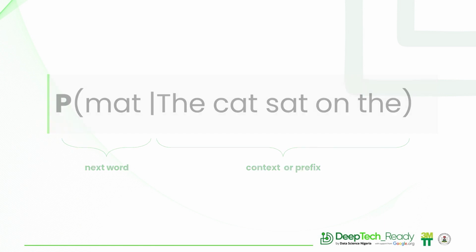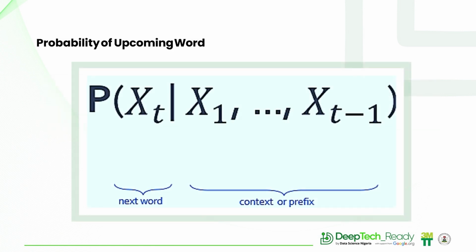This formula represents the core principle of how language models operate. So the probability of the current token x_t occurring given all previous tokens x_1 to x_{t-1}. It means that the model predicts the next token x_t given the sequence of tokens that came before it.